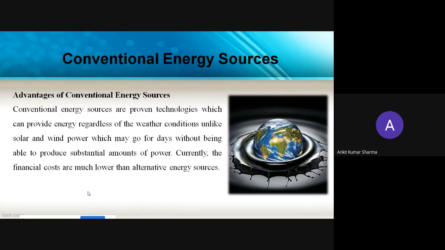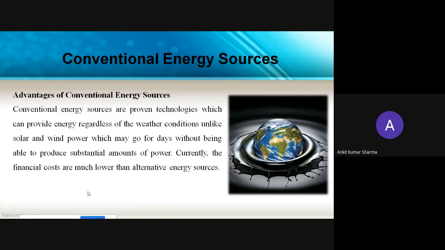The first advantage is that there is no effect of the weather condition on the conventional sources. If we take the example of solar, in a cloudy or rainy season, the solar generation is affected.